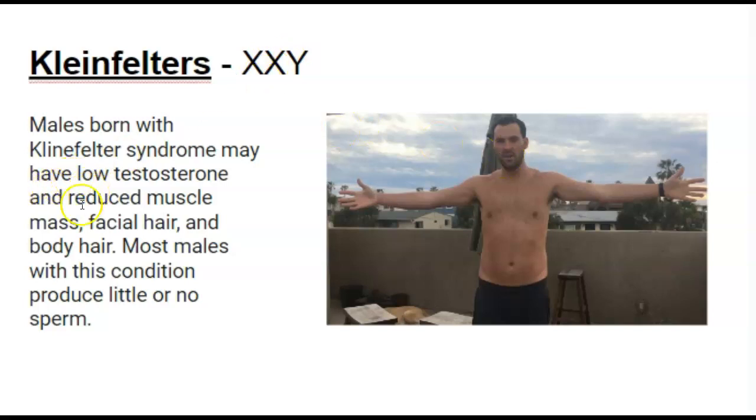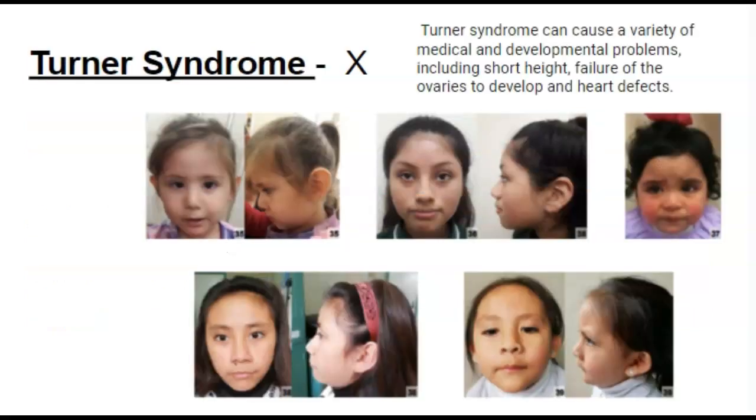A lot of times they don't have as much muscle, facial hair, testosterone, and typically people have to take testosterone shots. I have a friend who has Klinefelter's. He looks like a totally normal guy on the outside, and he just has to take testosterone. He cannot probably have kids, but there are pretty few complications with this one.